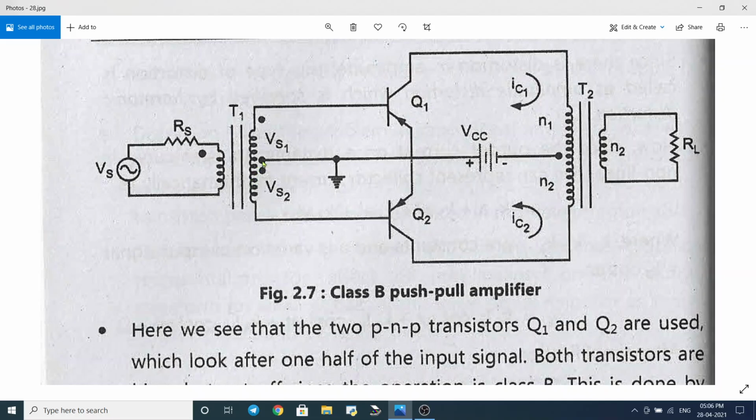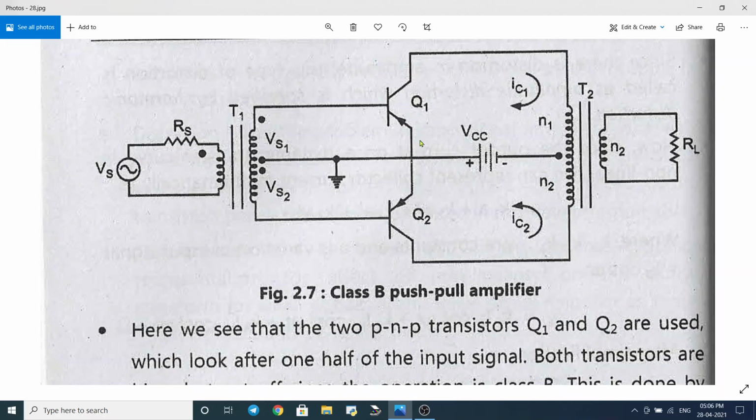Both of these transformers are center tap transformers. Means this is a primary coil, this is a secondary coil, and there is a center tapping. So the transistors Q1 and Q2 are connected at the opposite ends of the secondary of the input coupling transformer. That is, they are connected back to back.